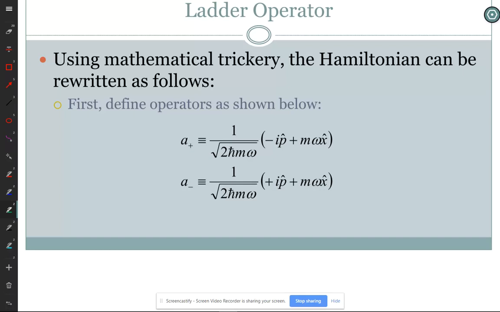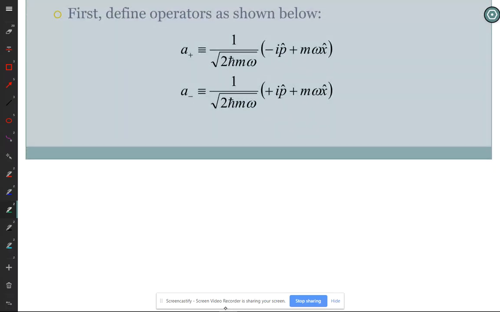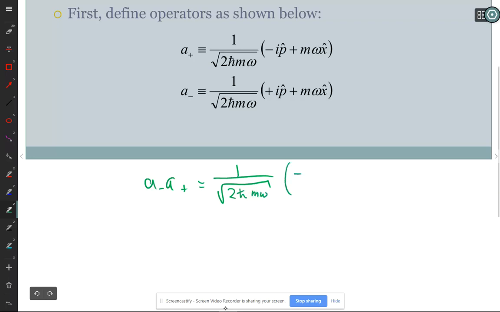This is only true if those weren't operators, if it was just X and P. If this was X and P instead of X operator, P operator, then A minus A plus would be 1 over the square root of 2 H bar M omega times minus I P hat plus, oops, no, the first one's the plus, I P hat plus M omega X. Oh, I said if they're not operators, so I dropped the operator sign. I didn't give myself space. Life is going well.